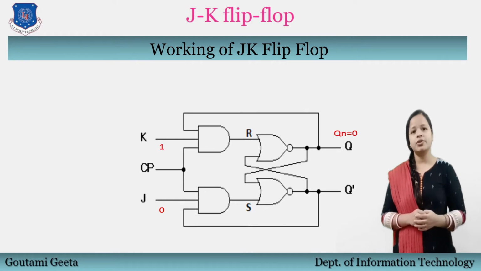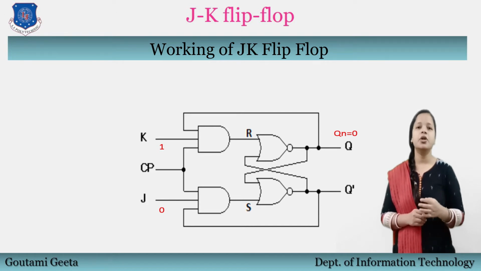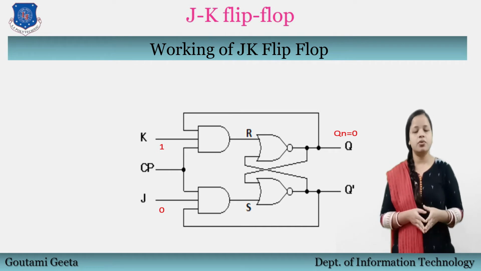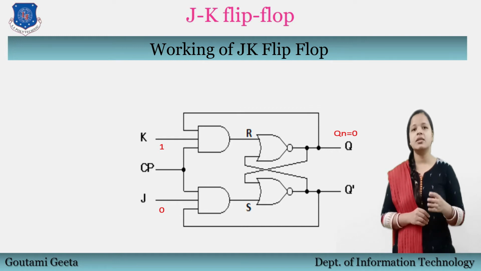When J is equal to 0 and K is equal to 1, the output of the AND gate corresponding to J becomes 0. That is, S is equal to 0 and R is equal to 1. Therefore, Q becomes 0. This condition will reset the flip-flop, and this represents the reset state.